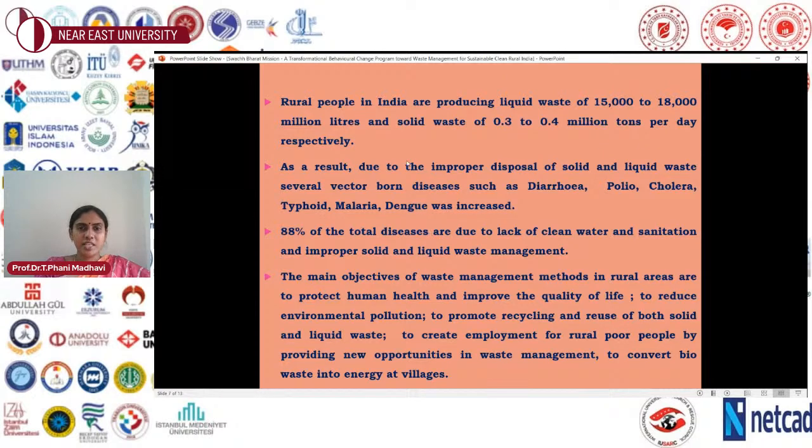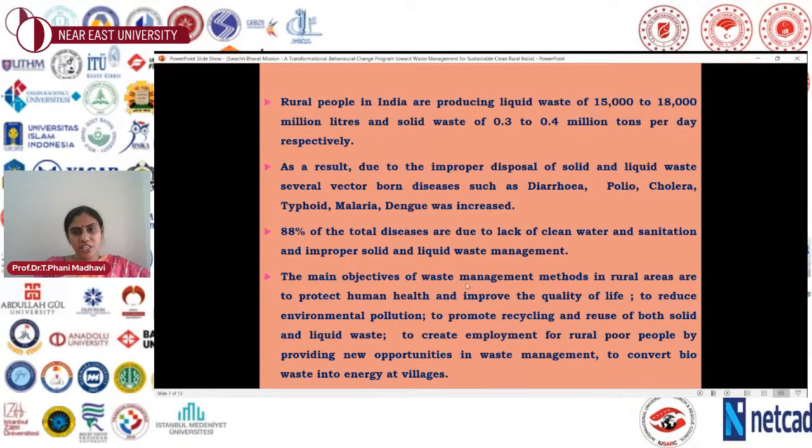The main objectives of waste management methods, particularly in rural areas, are to protect human health and to improve the quality of life, to reduce environmental pollution, to promote recycling and reuse of both solid and liquid waste, to create employment for rural people by providing new opportunities, by training them in waste management, and to convert bio-waste into energy at villages. These are the main objectives of waste management methods.